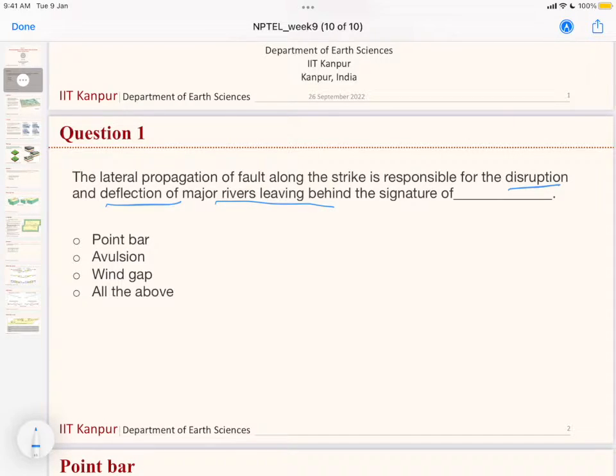The options that we have are the point bar, avulsion, wind gap, and all of the above. I believe you have already learned about the point bar, but let's have a quick recap of each terminology, and then we'll come to the correct answer. So what is the point bar?